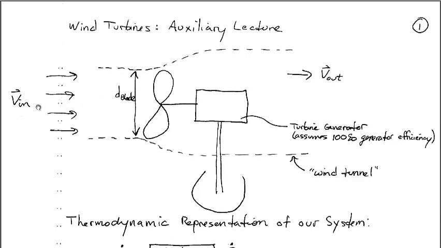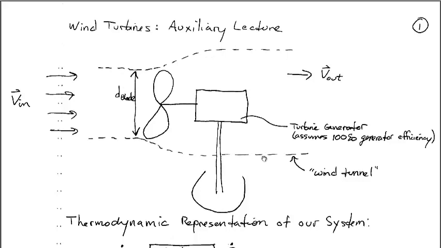As the wind energy is transferred to the rotating shaft, our wind velocity decreases because we're now removing energy from the wind. Consequently, because of that decreasing velocity, the flow area, indicated by this expanding diameter of the wind tunnel on both the top and the bottom, increases, right?